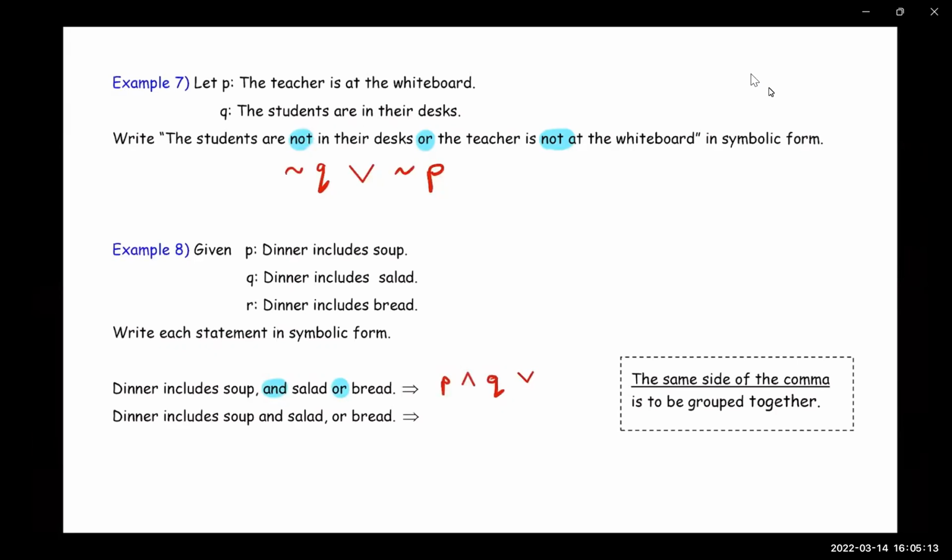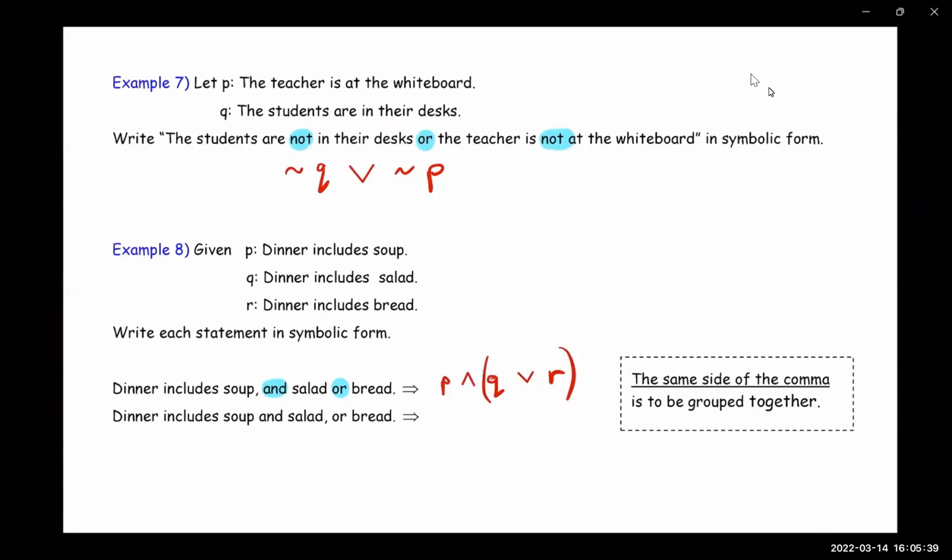All right, so the commas have to be grouped. See the comma? The things on the same side of the comma have to be grouped together. So this is key. Wherever the comma is, these two have to go together, because they're on the same side of the comma. So salad or bread have to be in parentheses. That's what the comma does.